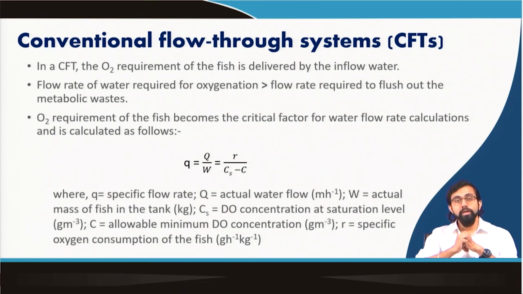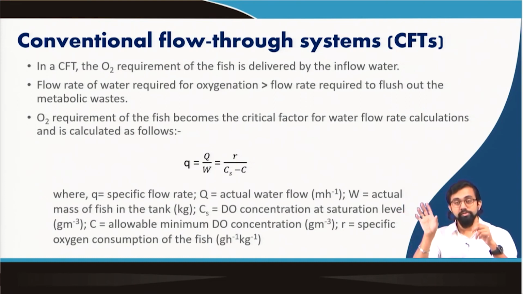The oxygen requirement of the fish becomes a very critical factor for the water flow rate calculations, and we can see how to do that. The specific flow rate, or Q, we can easily find out from the actual flow rate, which is in meter per hour. Why is it meter per hour? It is actually meter cube per meter square per hour.